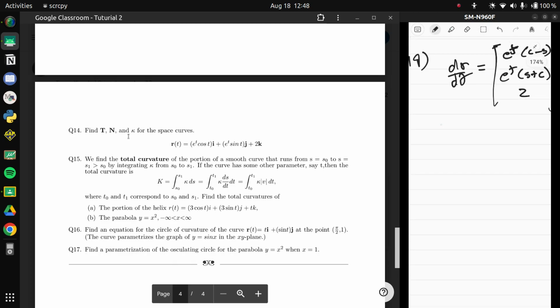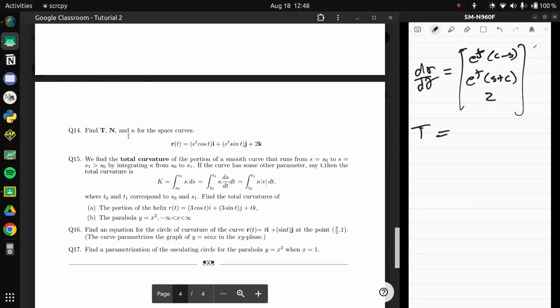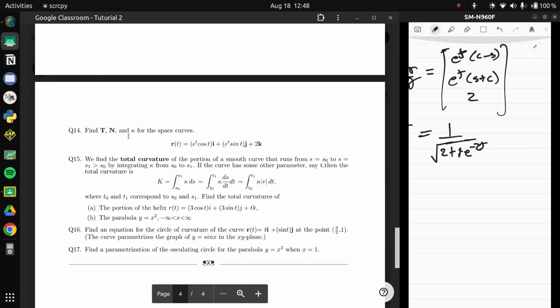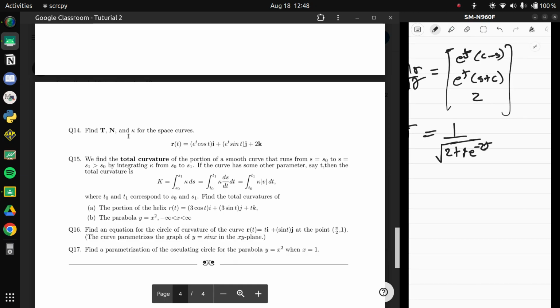Next, we just have the tangent vector itself. Just remove this e power t stuff. It's not very good. And it's just going to be 1 over square root of 2 plus 4e power negative 2t, because it doesn't have that, unfortunately.